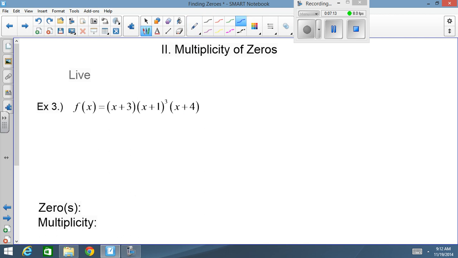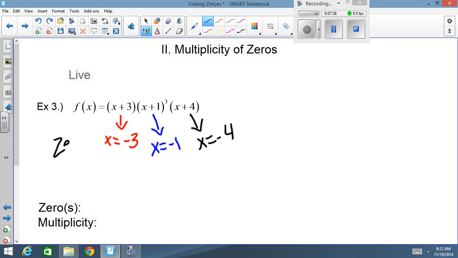So let's go ahead and work through this one. Right here, I'm going to have a zero of negative 3. Right here, I'm going to have a zero of negative 1. And over here, I'm going to have a zero of negative 4. So those are my zeros.